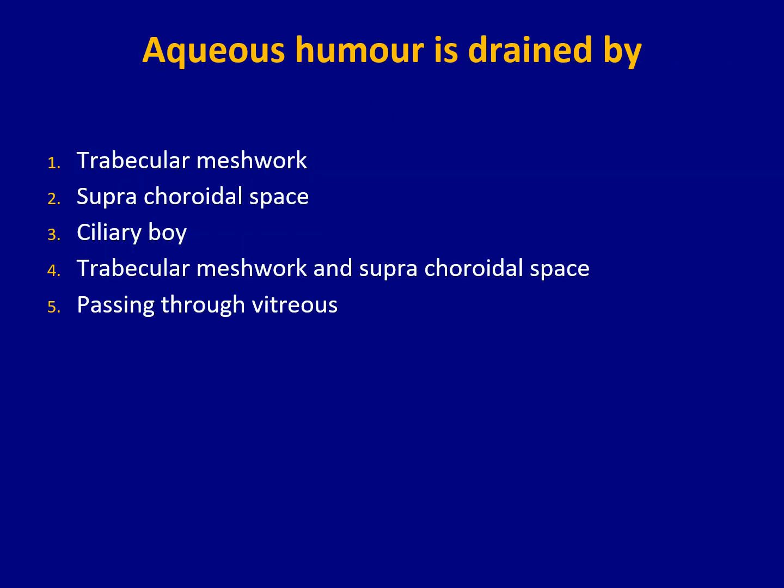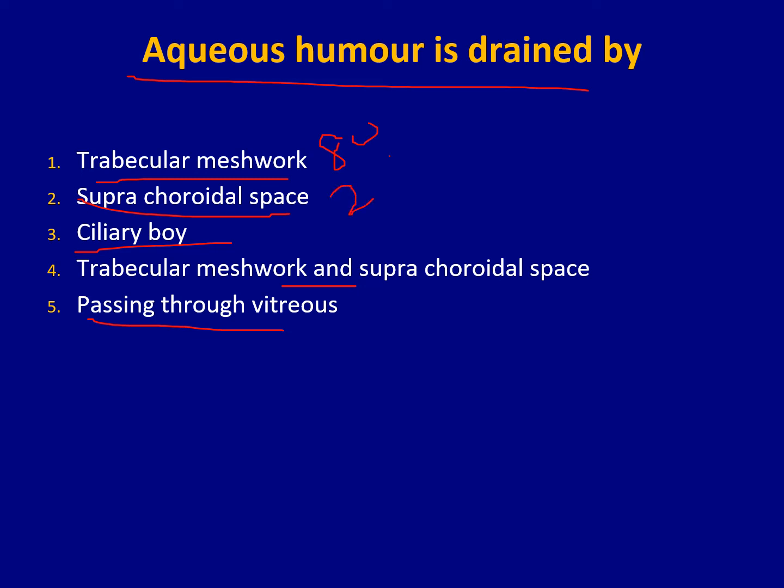Next MCQ is aqueous humor is drained by trabecular meshwork, suprachoroidal space, ciliary body, trabecular meshwork, and suprachoroidal space, passing through the vitreous. Trabecular meshwork causes 80% of the drainage, suprachoroidal space causes 20% of the drainage, ciliary body produces aqueous humor, so that's not an option.